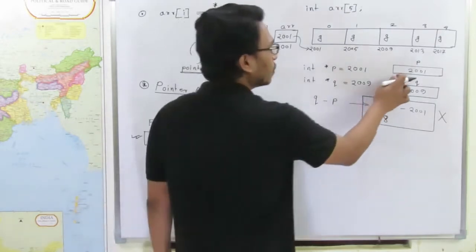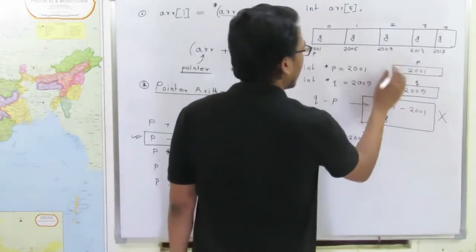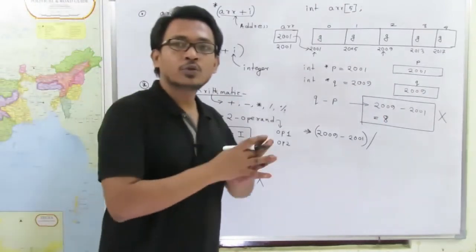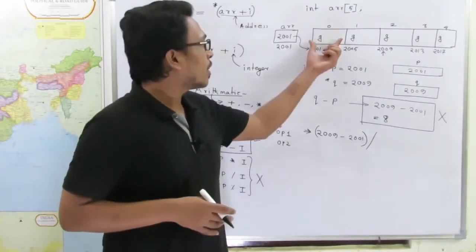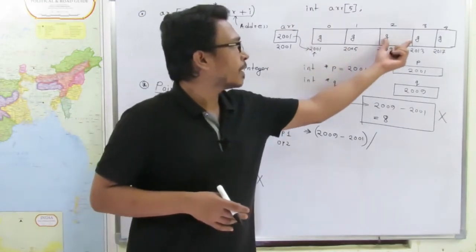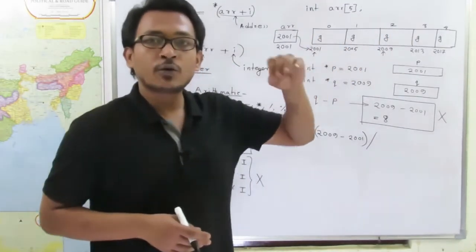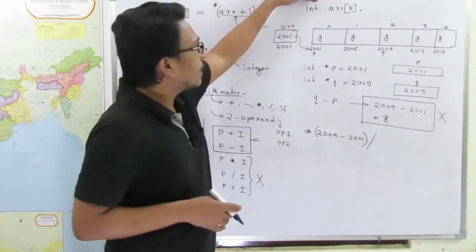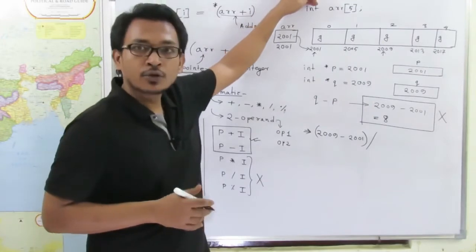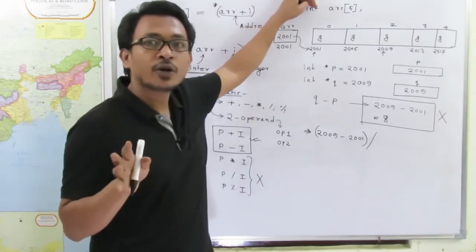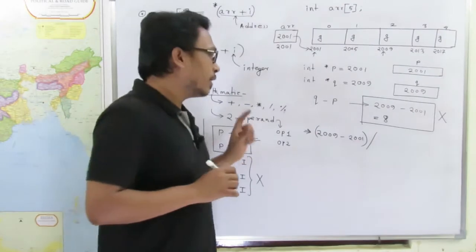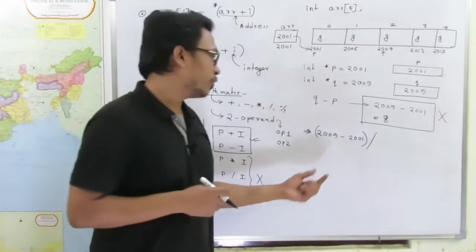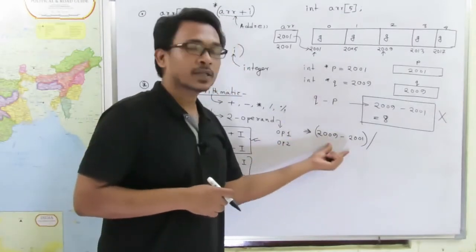Look, 2001 is this one, 2009 is this one. We need to know what type of value is stored in these two memory blocks. The values stored in these memory blocks are of integer type. So we need the size required for an integer value, and with that size we divide the result of this subtraction.